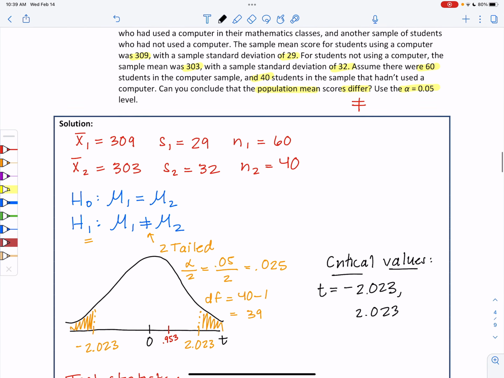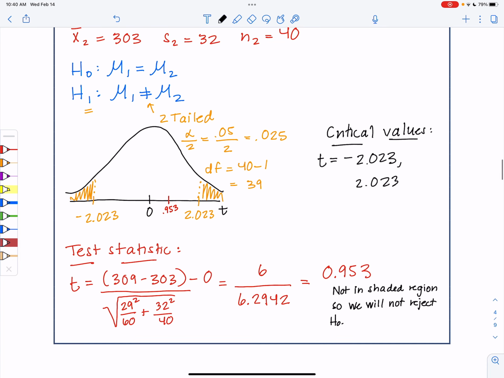All right, now, to answer our question, can you conclude that the population mean scores differ? We just said that we cannot reject the null hypothesis. And the null hypothesis says there's no difference. It says mu1 is equal to mu2. So because I was not able to reject that null hypothesis, I am not able to conclude that there is a significant difference.